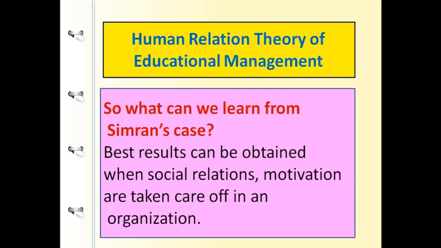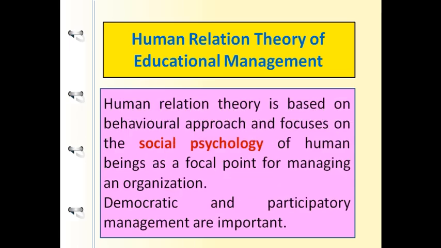So what can we learn from Simran's case? Best results can be obtained when social relations and motivation are taken care of in an organization. So human relation theory of educational management is based on the behavioral approach and focuses on the social psychology of human beings as a focal point for managing an organization.